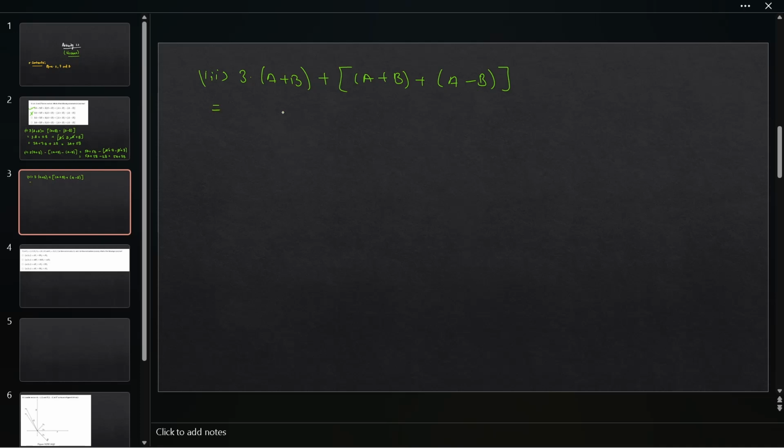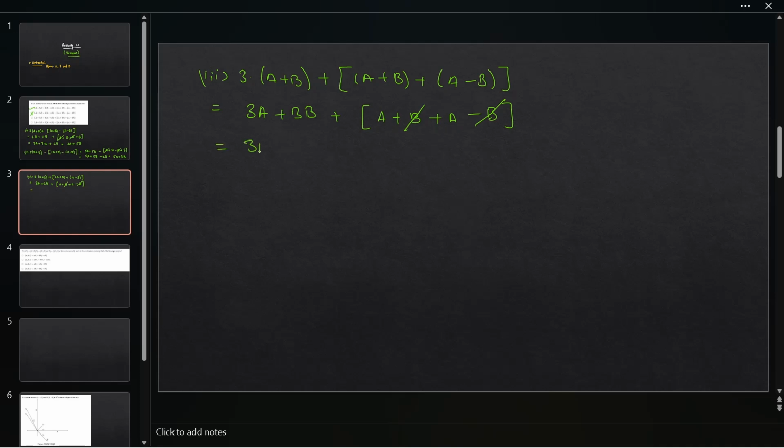Now, if we try to solve this, we are going to get 3A plus 3B plus A plus B plus A minus B. So again, plus B and minus B will cancel out each other and we'd be left with 2A.